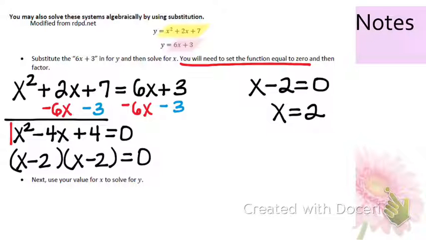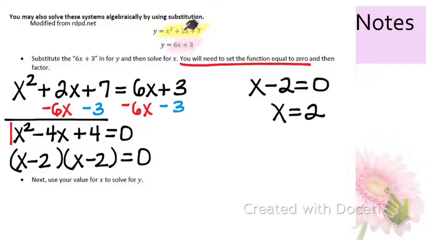And the last step is to find y. It says next, use your value for x to solve for y. It's up to you if you want to use the one I highlighted in yellow or the one I highlighted in pink.